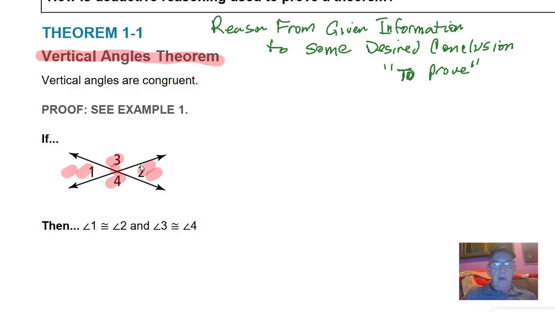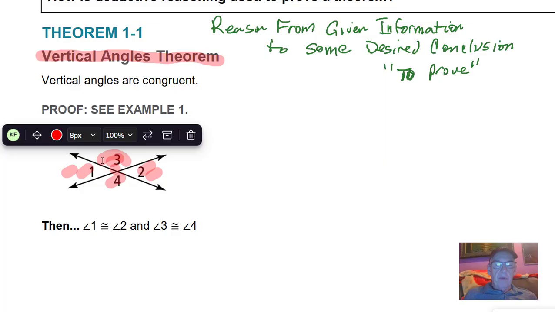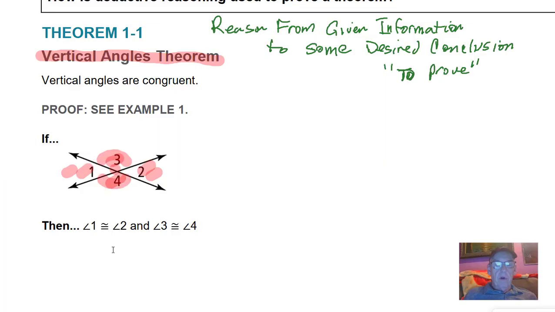The lines that make up angle 3 are the same lines that make up angle 4. The lines that make up angle 1 are the same lines that make up angle 2 on the other side of the vertex. So we need to prove that angle 3 and angle 4 are congruent. And then as a byproduct of that, we can argue that angle 1 and angle 2 must also be congruent.